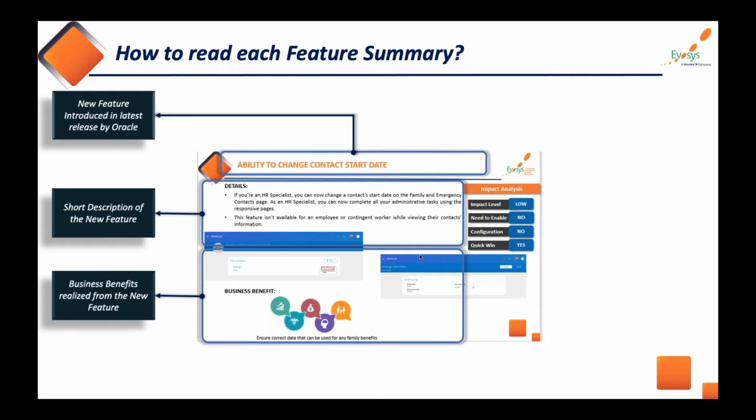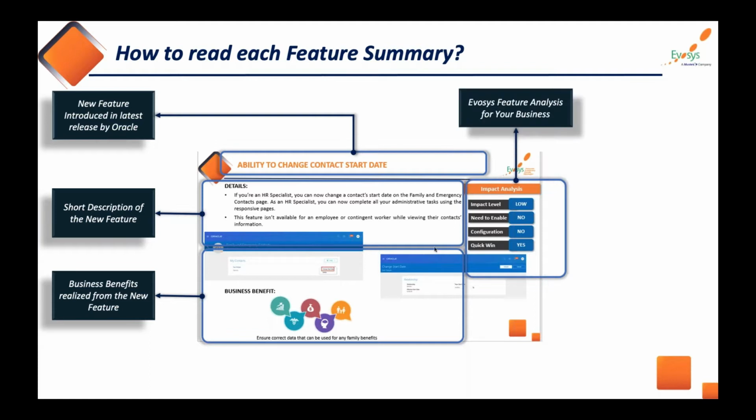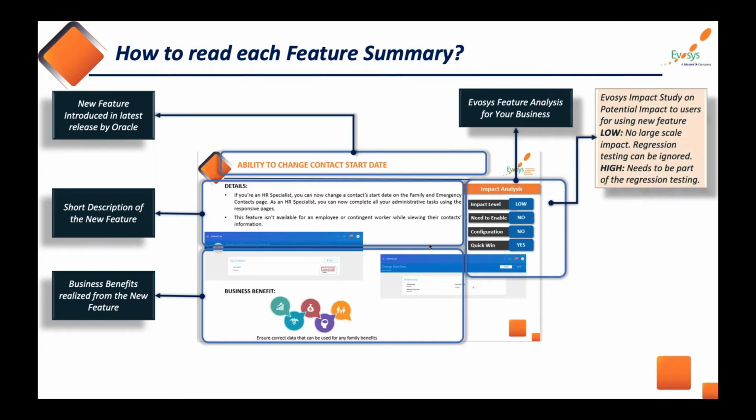We then include a business benefit section so you can see the impact it may have on your organization with the outcomes it could give you. Then on the right-hand side here, we include a high-level impact analysis with 4 main areas. So firstly, the impact level provides you with a gauge of how it could affect your organization and the subsequent amount of effort required for UAT.